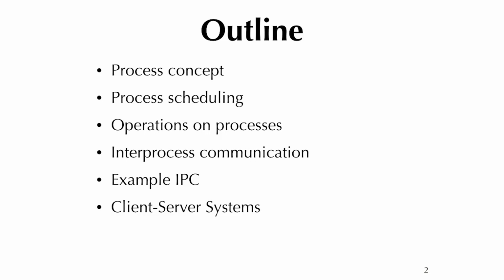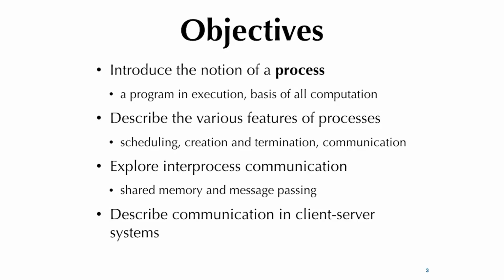Okay, so this is kind of a rough outline, but really I'm trying to follow the textbook order because there's been some adjustments in the textbook. And so really this chapter wants to go into more of the detailed notions of a process. What is a process and how is it different from a program? So a process really is a running program, you can think of it that way.